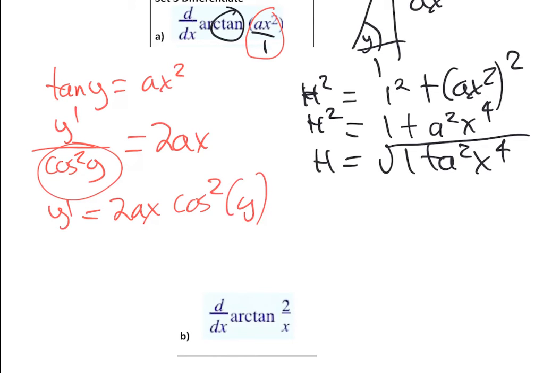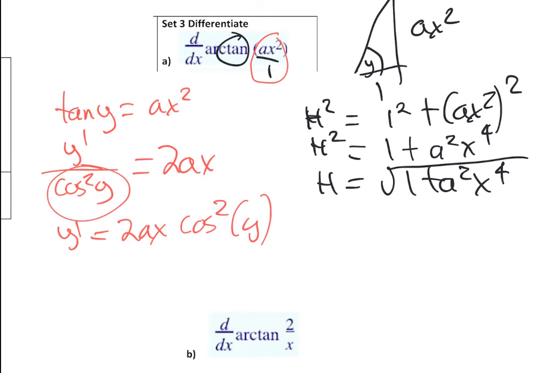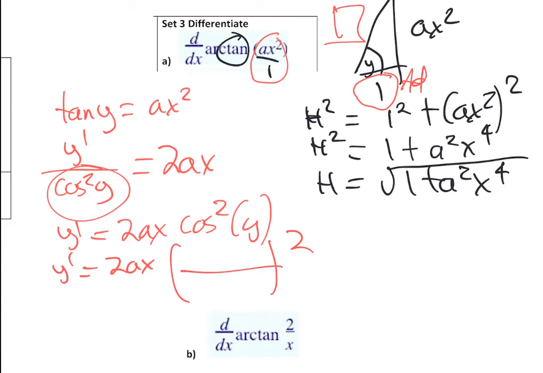Well, what's cos squared worth? Cos is adjacent divided by hypotenuse. Okay, adjacent divided by hypotenuse. So y prime equals 2ax multiplied by the cosine squared.